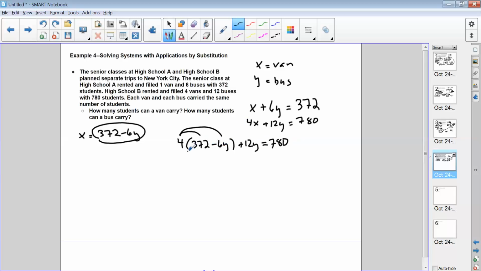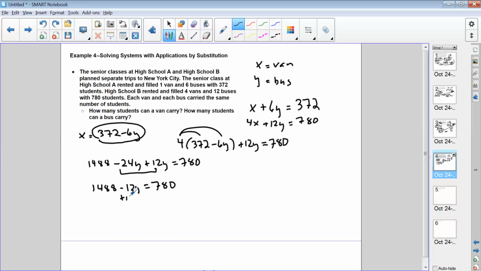And 4 times 372, that's going to give me 1,488 minus 24y plus 12y equals 780. So I'm going to combine these two. So I've got 1488 minus 12y is equal to 780.